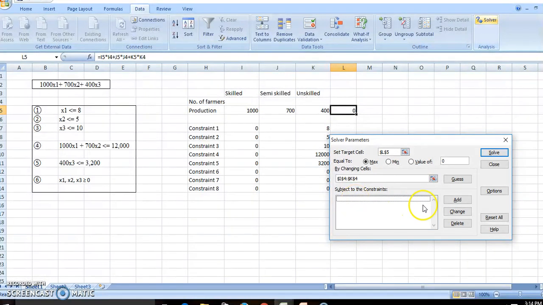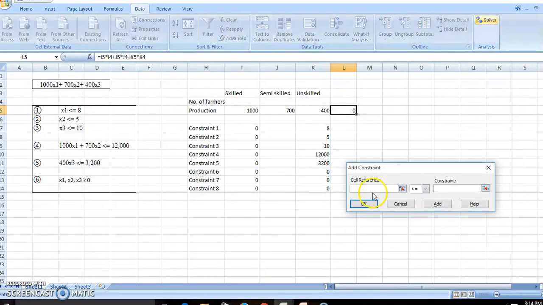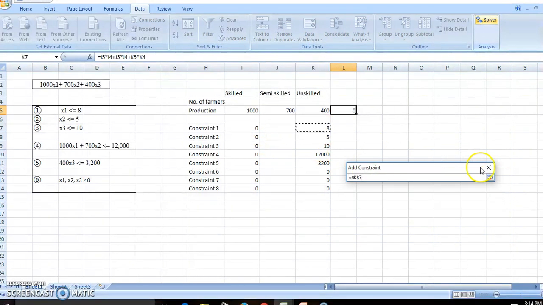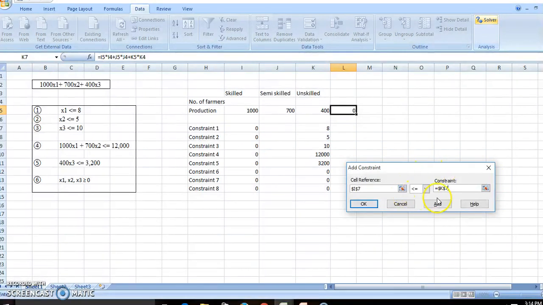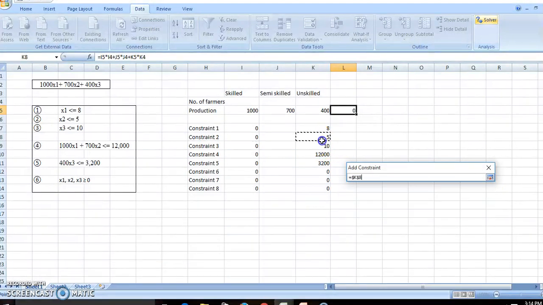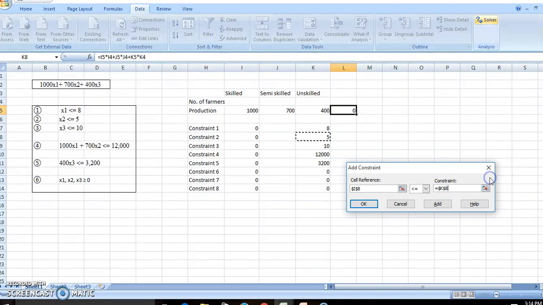Now for the constraints, I'm going to add the constraints one by one. So first constraint is constraint 1, which is this cell less than equal to this cell. After adding one constraint, select add. Constraint 2, this cell less than equal to this cell. Make sure that you have the right symbol. Select add after adding each constraint.